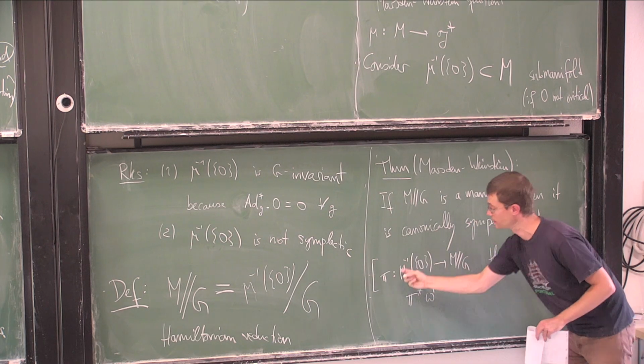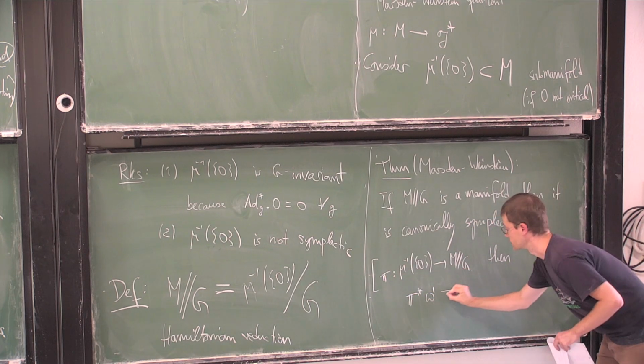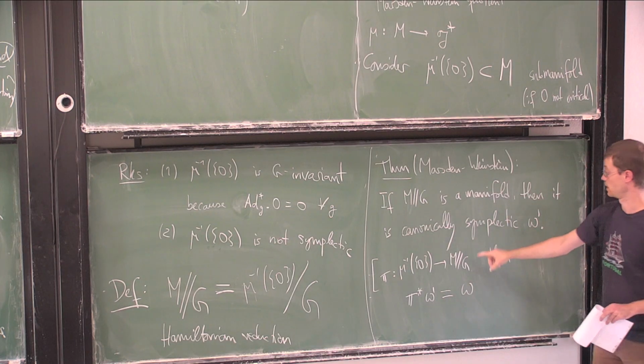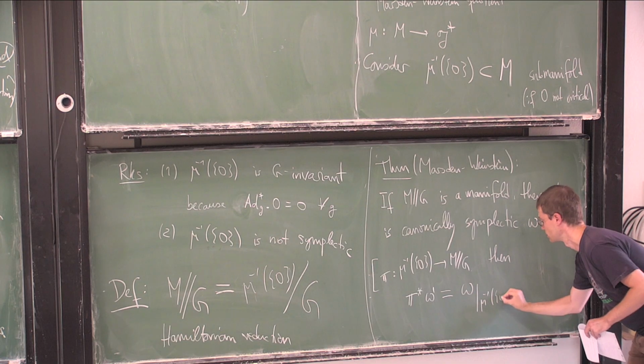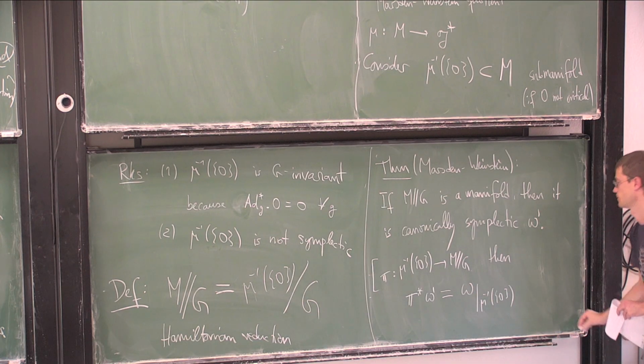When you pull it back by this projection map, it's the same as taking omega, the symplectic form on the big manifold, restricted to the submanifold.